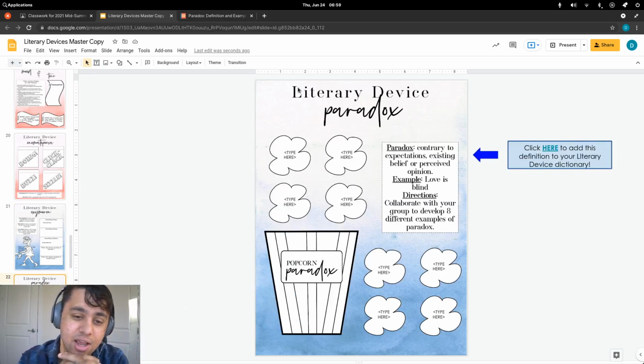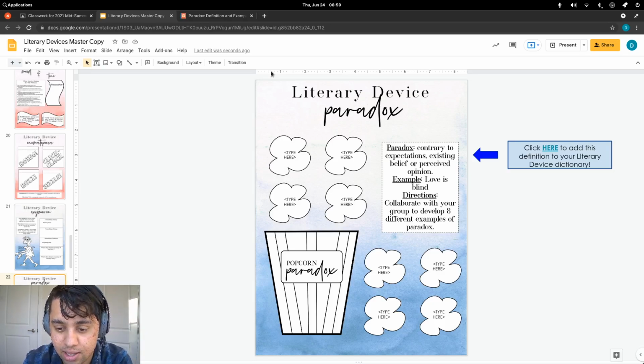Literary device. Paradox. This is going to be the last one I think that we're going to cover together. We might do one more, who knows? Paradox: contrary to expectations, existing belief, or perceived opinion. Example, love is blind. I want you to actually do this. I want you to talk to people around the room.